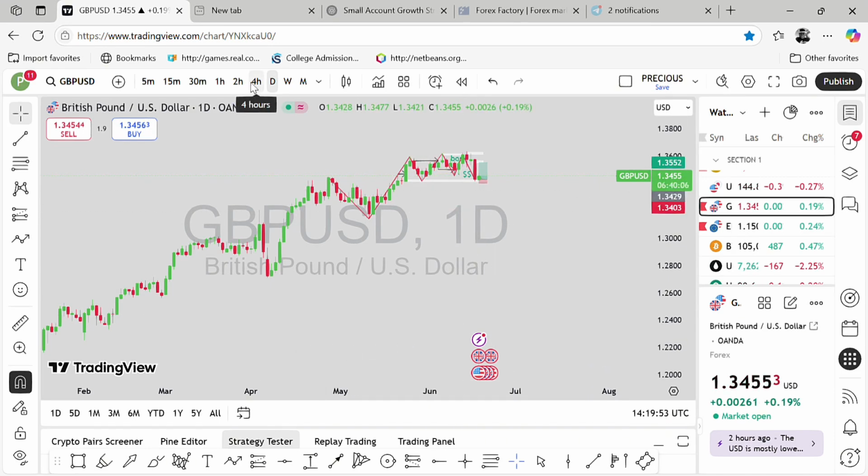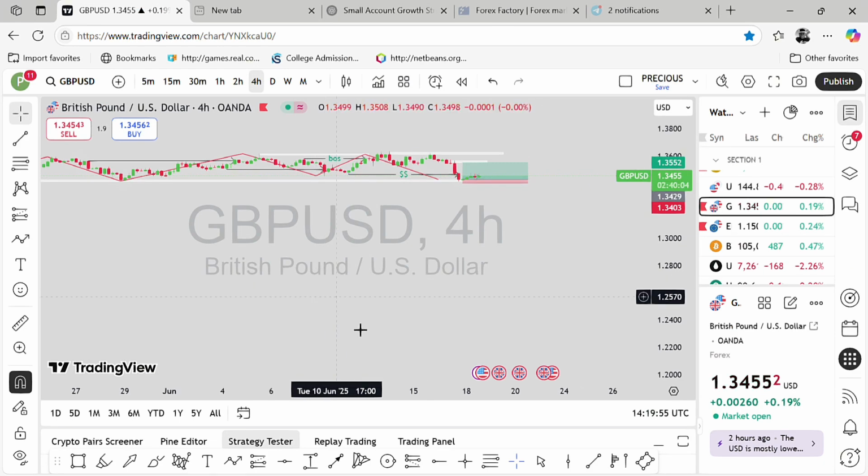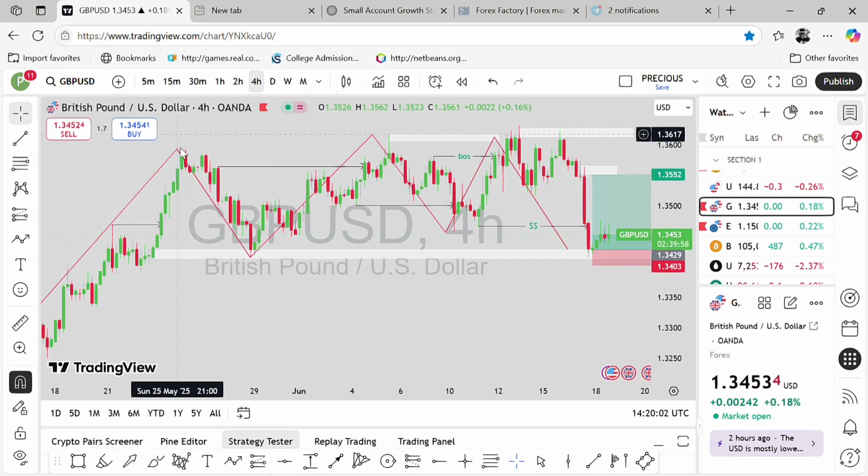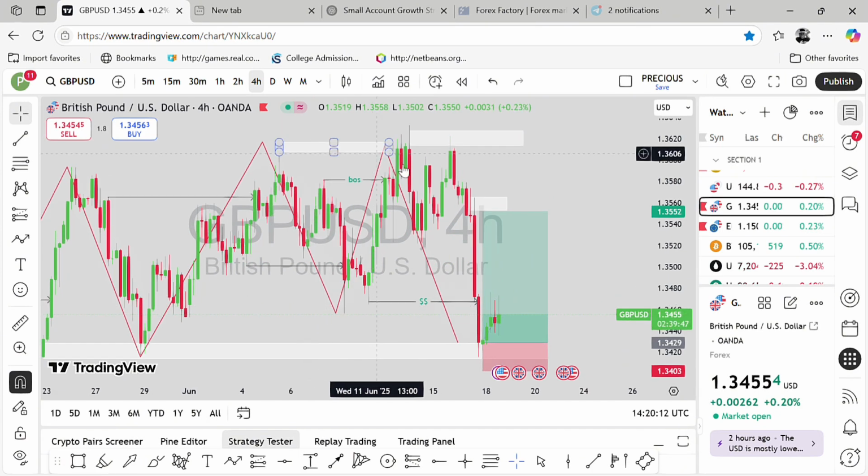So let's go to 4 hours and see what is going on there as well. So I'm taking this leg now. We have high, low, just on this leg here, and then the same goes for this one as well.